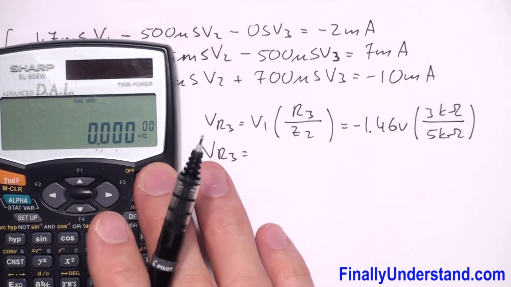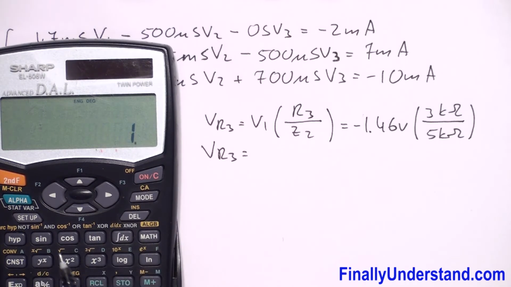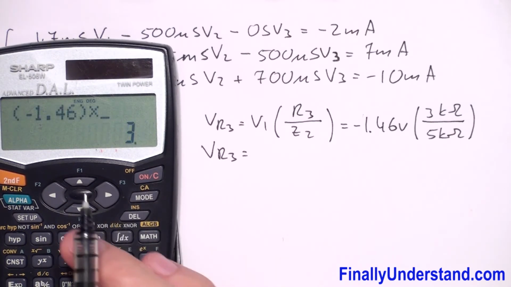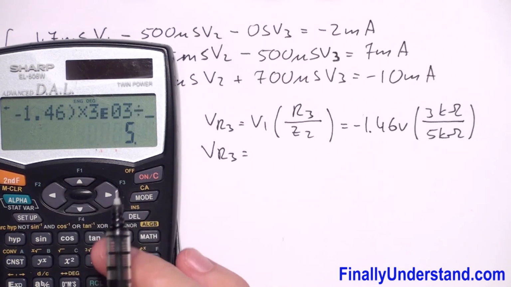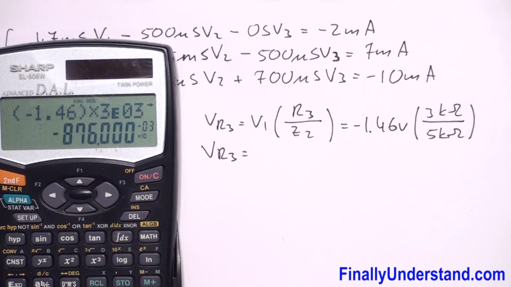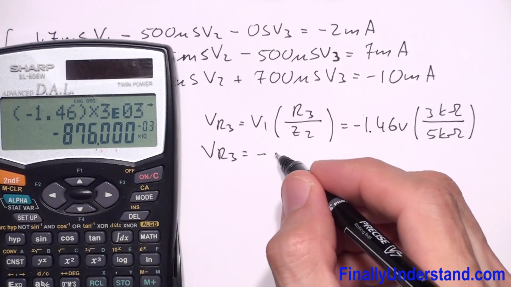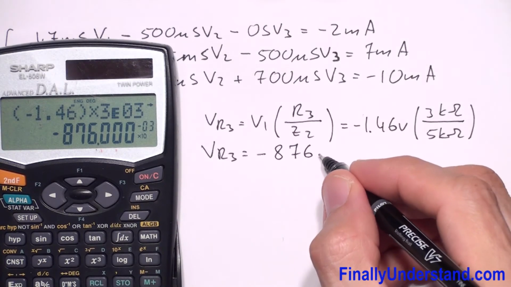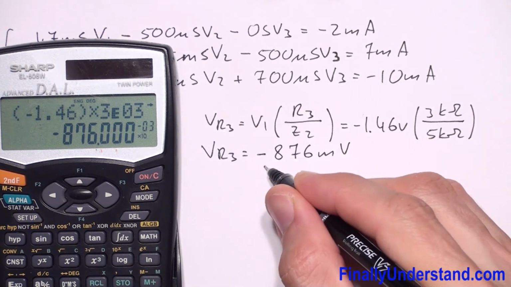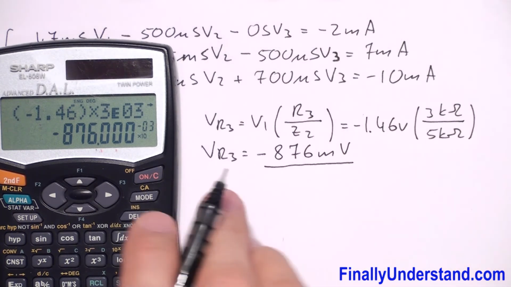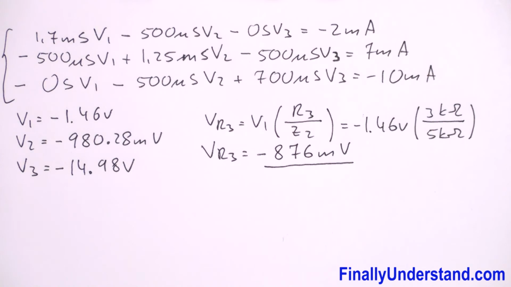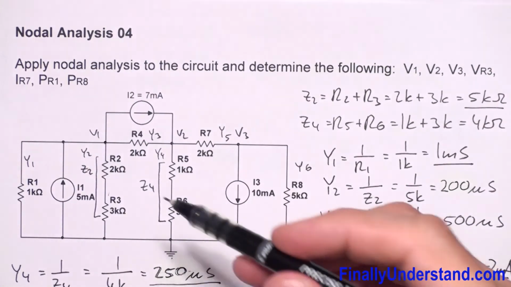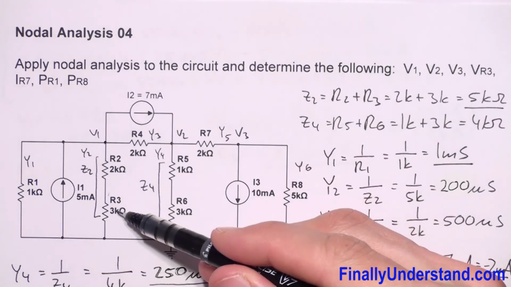So I have negative 1.46 times 3 exponent 3 divided by 5 exponent 3. This is equal to negative 876 millivolts. Okay, so this is my voltage VR3, which is the voltage across resistor R3.